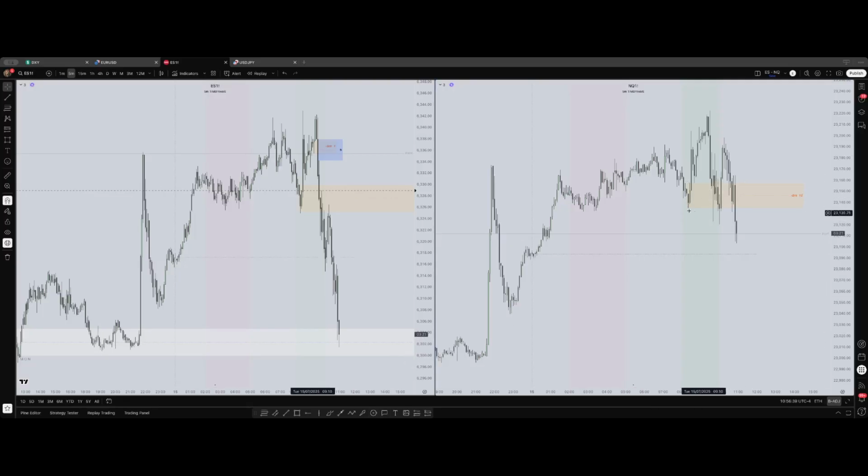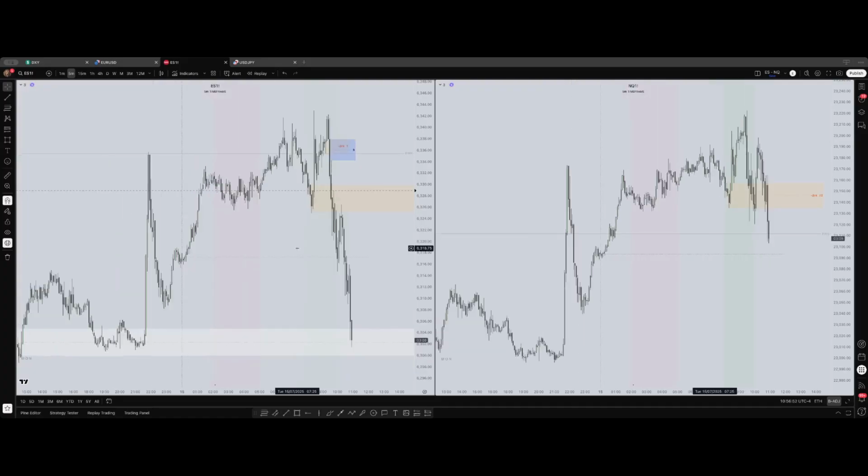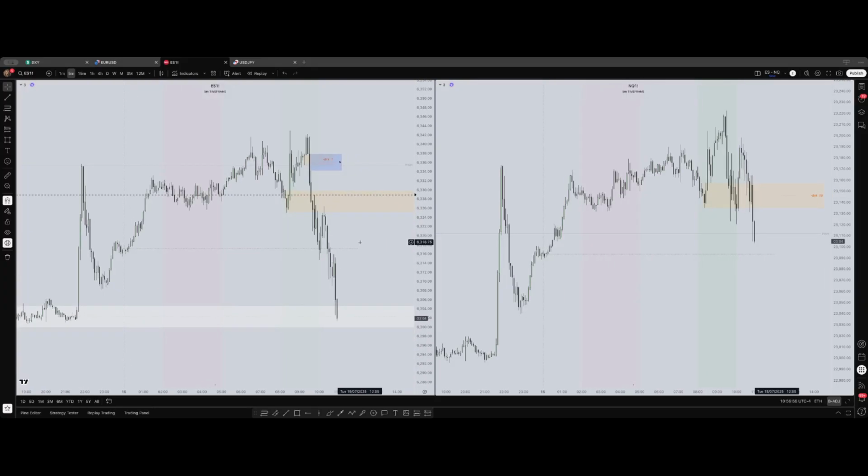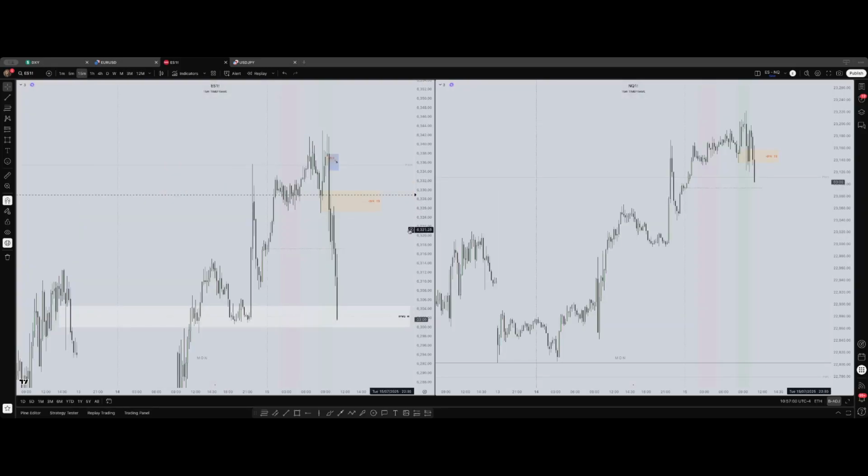I don't want just wicks breaking this low. So that's why I didn't do it. And meanwhile, price was going higher, ES was going lower. So that was an asymmetric market, and I prefer to just wait and take another better, more secure opportunity.